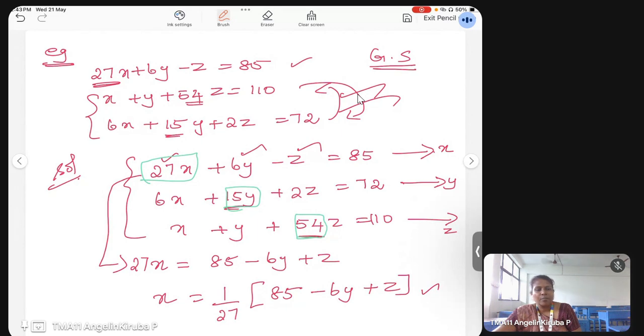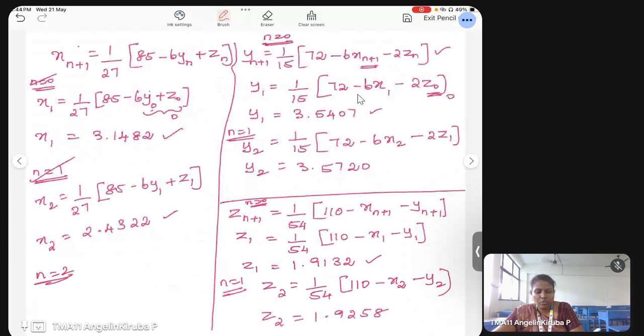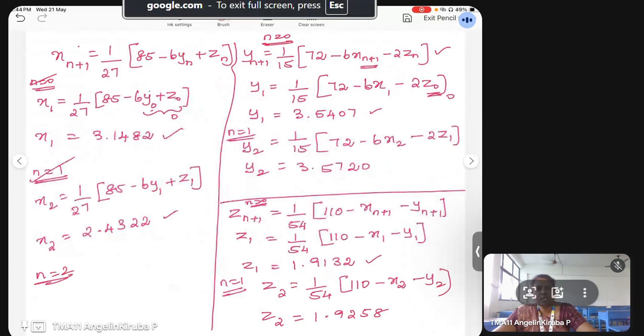Now the equations are ready to start the iteration. As said earlier, for the Seidel method, we take y and z equal to 0. We have to find x, and then substitute in the iteration. And there, two successive iterations should give the same answer. Then you can stop.